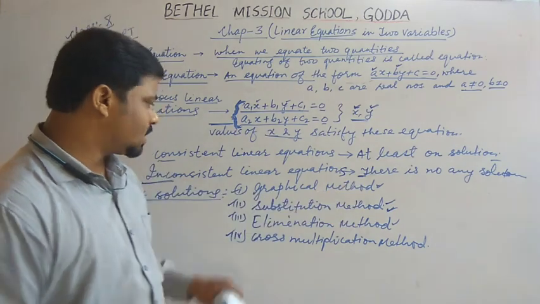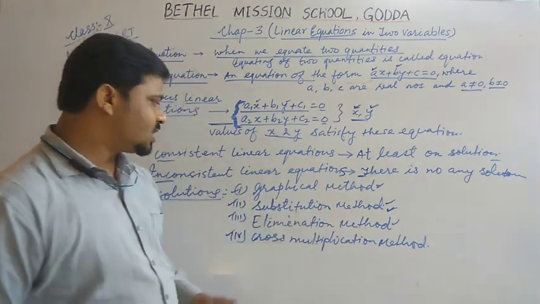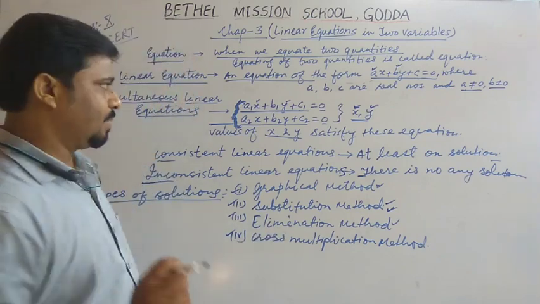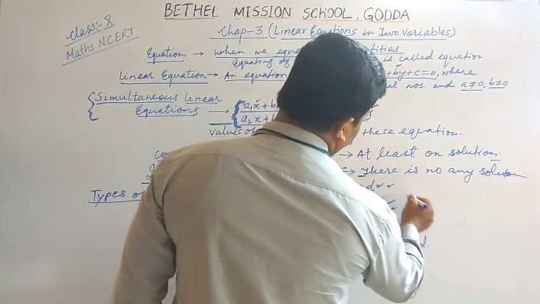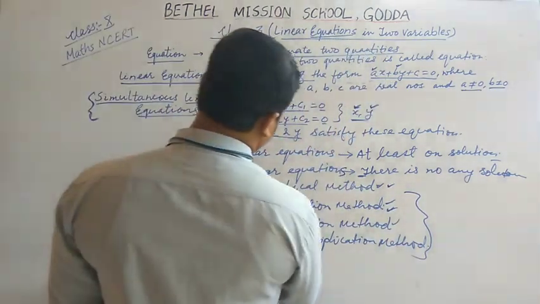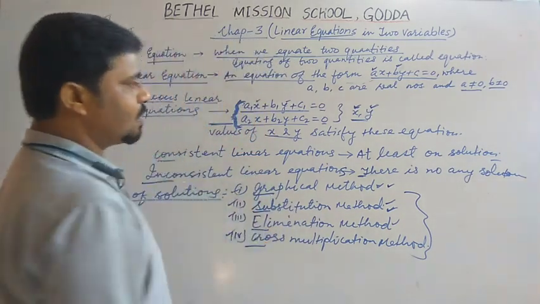One is the graphical method, second is the substitution method, third is the elimination method, and fourth is the cross multiplication method. There are these four types. So one by one we will understand what is the graphical method, what is the substitution method, what is the elimination method, and what is the cross multiplication method.